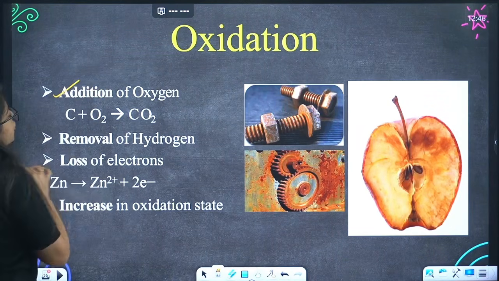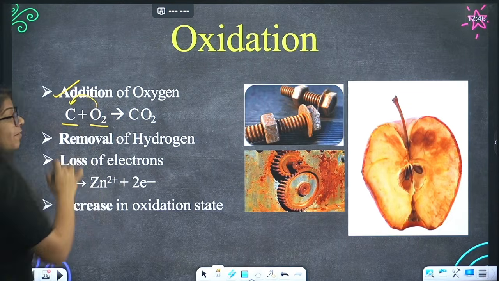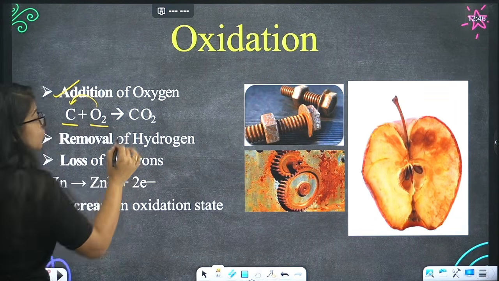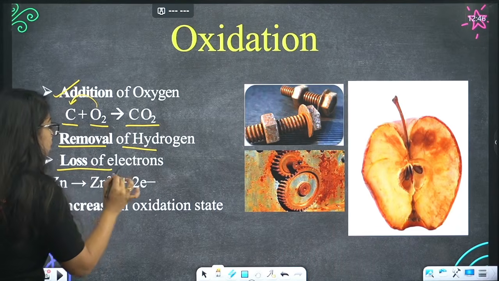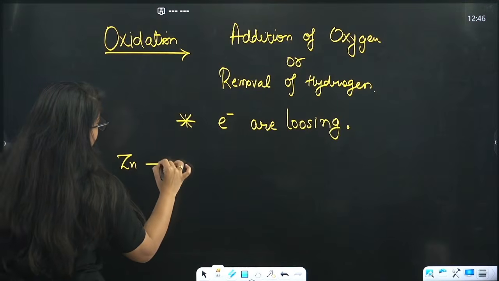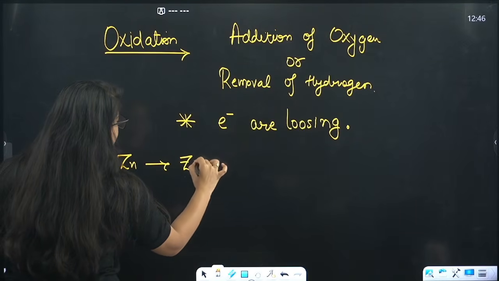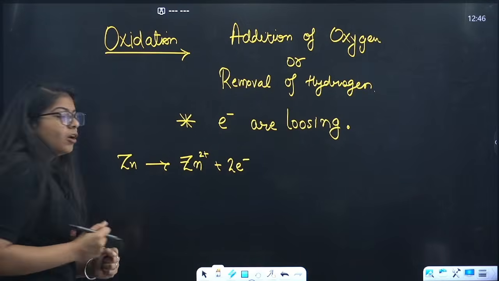See beta, addition of oxygen: carbon plus O2. So in carbon, we added oxygen, right? So that becomes CO2. Removal of hydrogen, loss of electrons: what happens? Zn was there, but now it is Zn 2+ plus 2 electrons we took out from Zn.